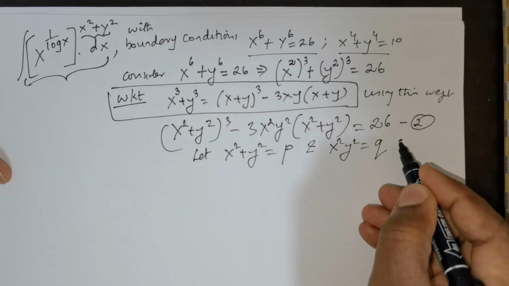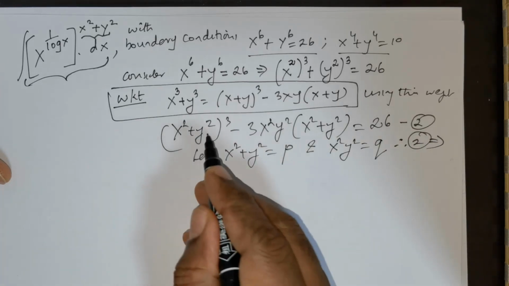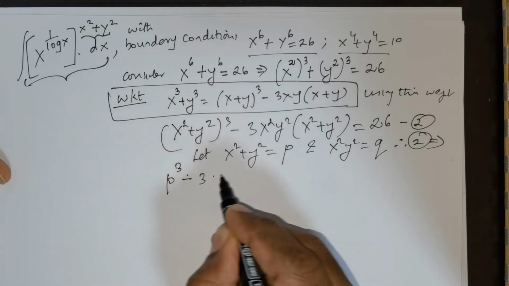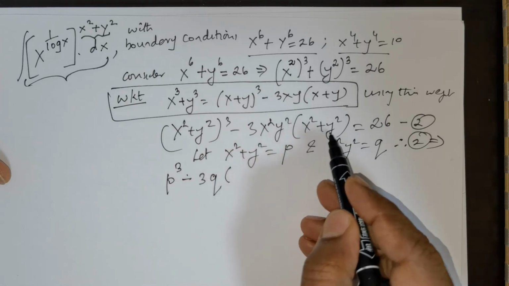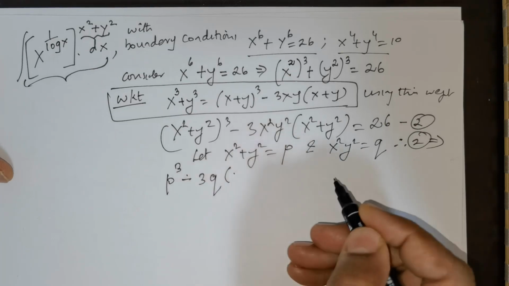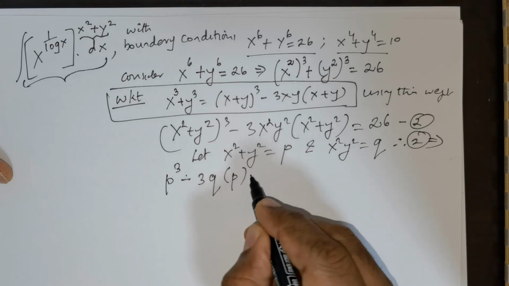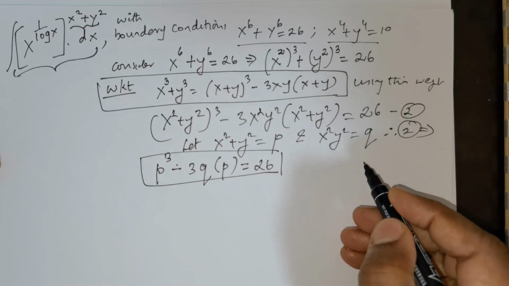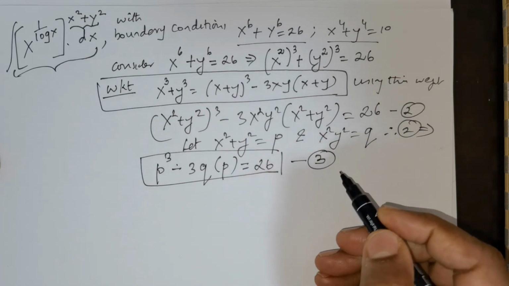Therefore, in place of x squared plus y squared you have p, raised to the power of 3, minus 3 times, in place of x squared y squared, you have q, multiplied with x squared plus y squared, which is actually my p. So you have p cubed minus 3pq is equal to 26. Let me label that as equation 3.